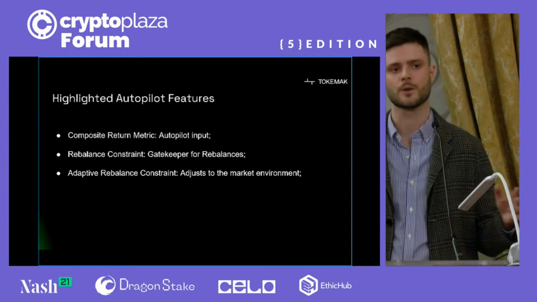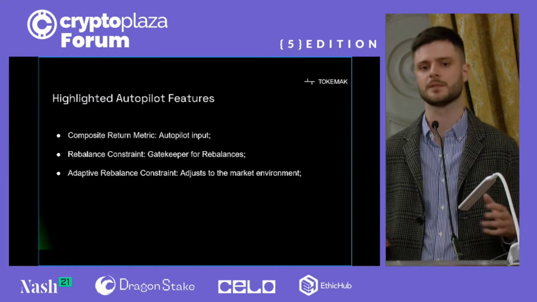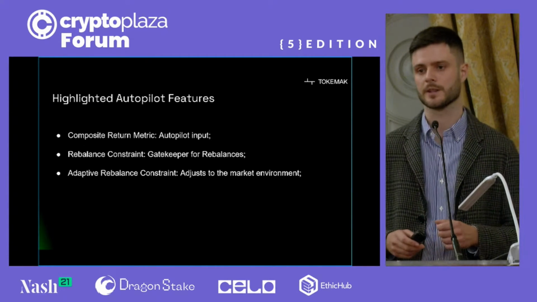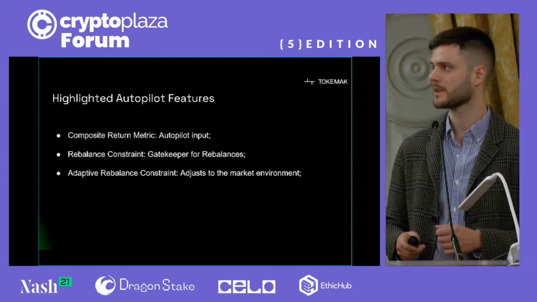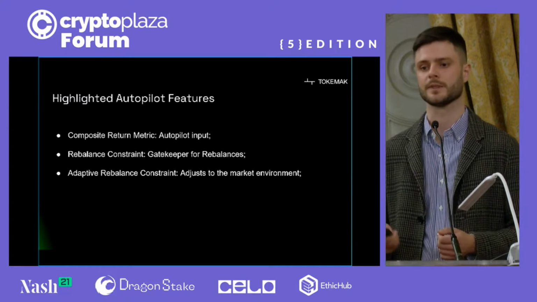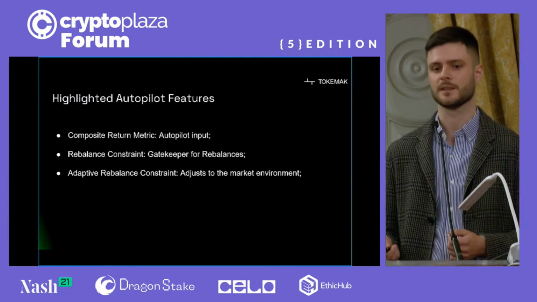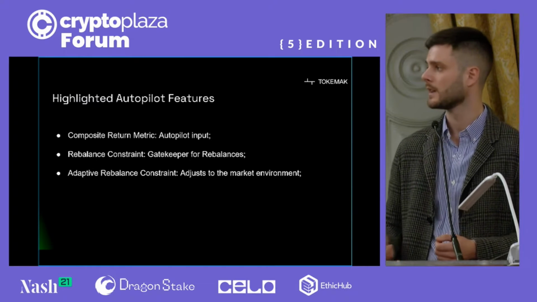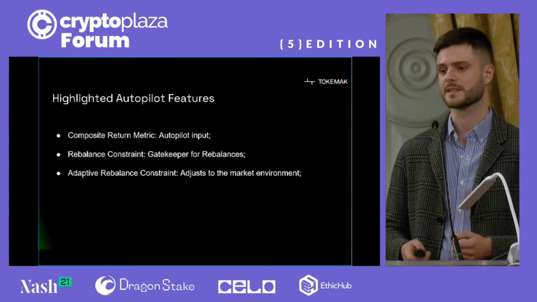Okay, so what's the core structure? On a high level, you can think about the architecture for Autopilot according to these three pillars. The first one is the composite return metric. This is really the Autopilot input. It's what the Autopilot will see on any of the destinations that are included in the option set. Furthermore, we have a rebalance constraint.